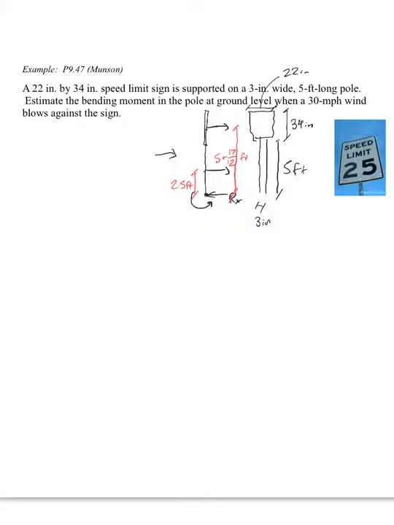And now if we write out our sum of moments equation, we have our bending moment equals 2.5 feet times the force of drag on the pole plus 5 plus 17 over 12 feet times the force of drag on the sign.